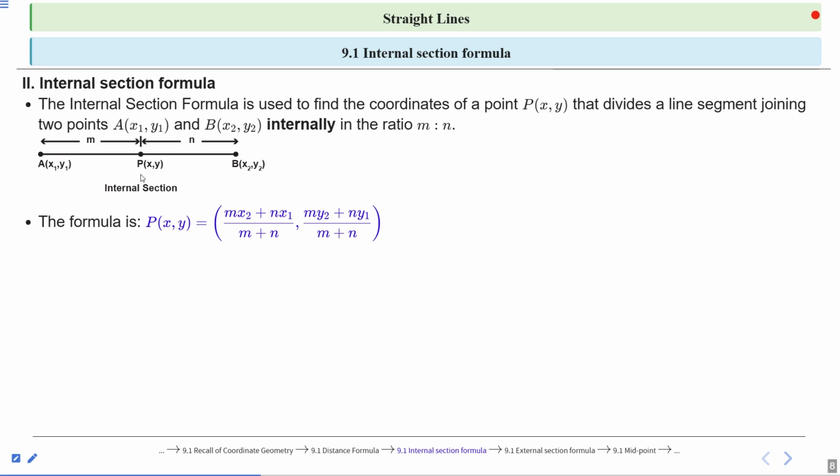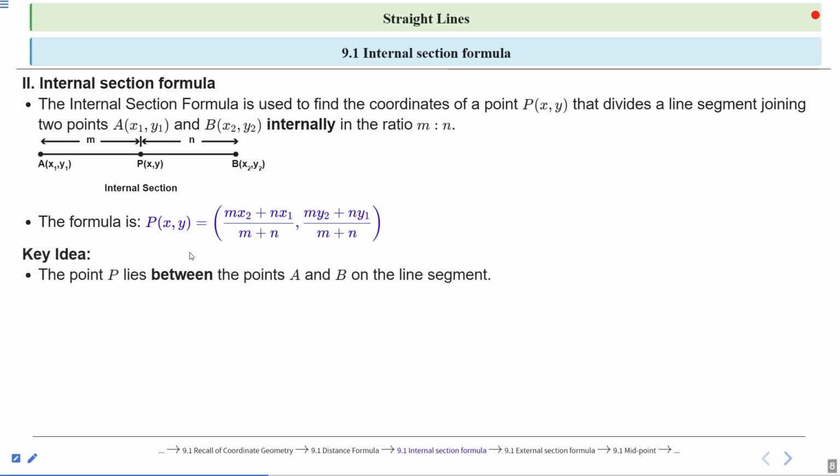So here the point P(x, y) divides the line segment AB internally in the ratio m is to n. Then the formula for the point P(x, y) is equal to (mx2 plus nx1) divided by (m plus n) comma (my2 plus ny1) divided by (m plus n).